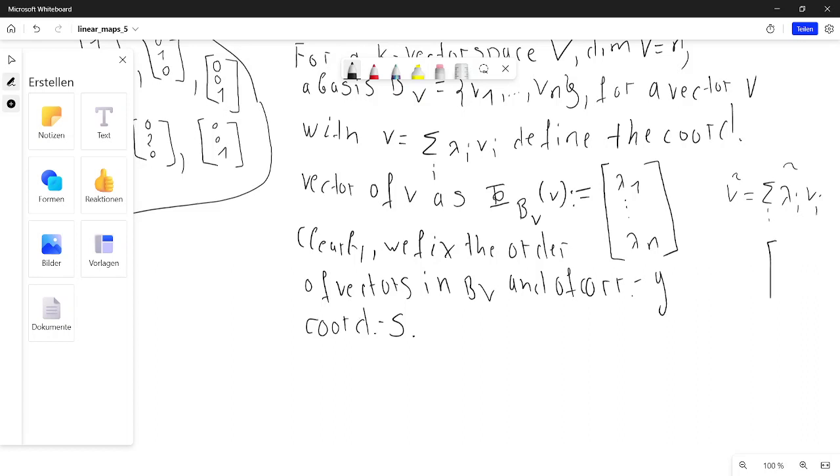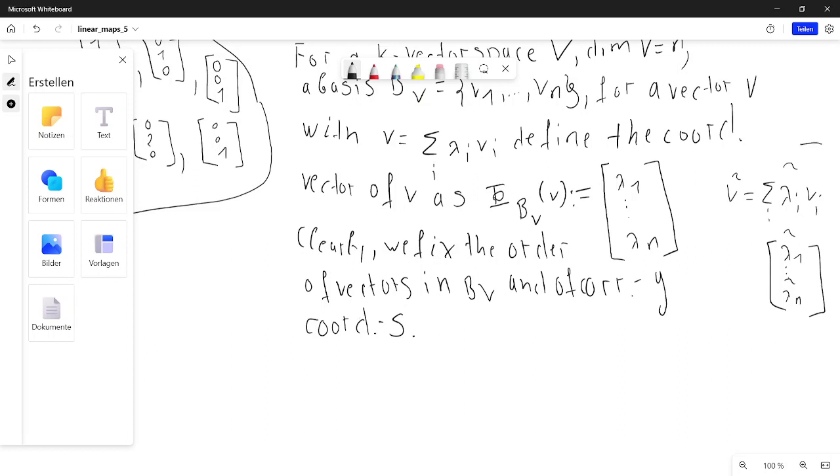Then you see, in the vector we put the coordinates in the same order. So the first coordinate will be the coefficient by the first vector here and here. The second coordinate will be the coefficient by the second here and here.